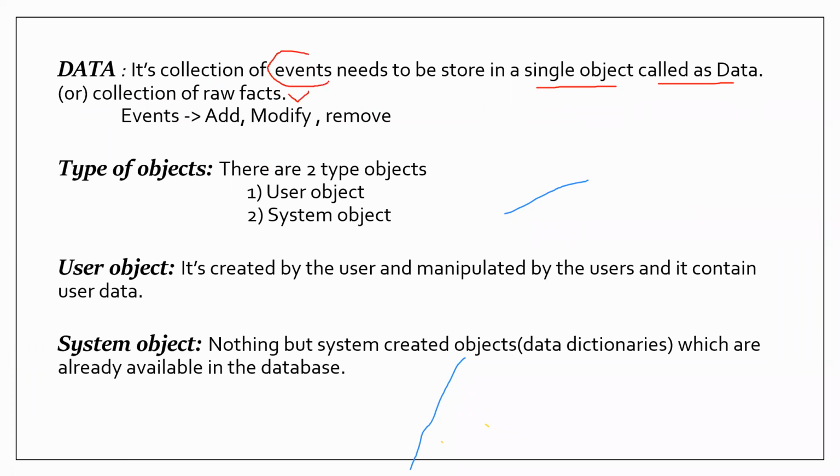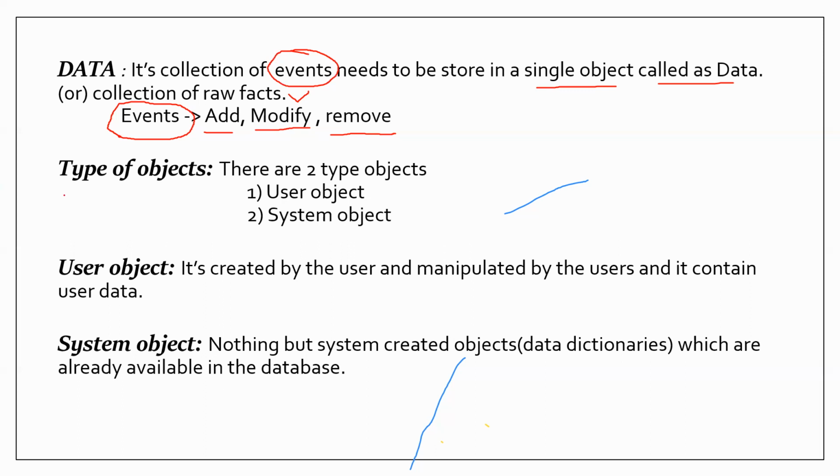What are events? Any transaction which you perform in the database is called one event, whether it is inserting the data, modifying the data, or removing the data from the database. For example, if you perform one transaction on your account, that one transaction is one event.